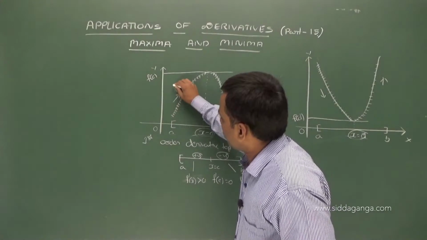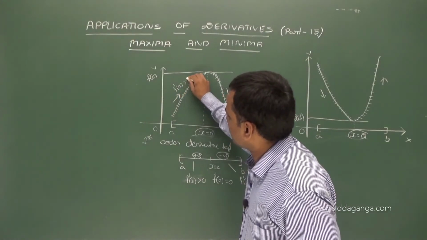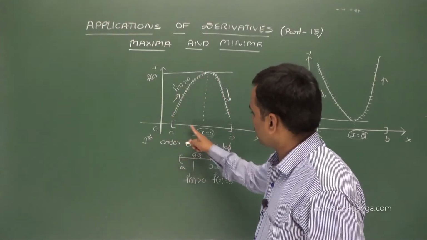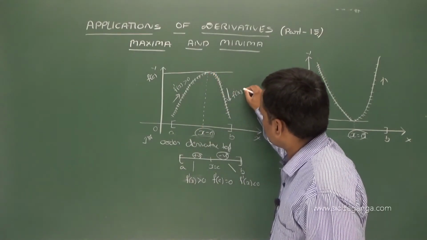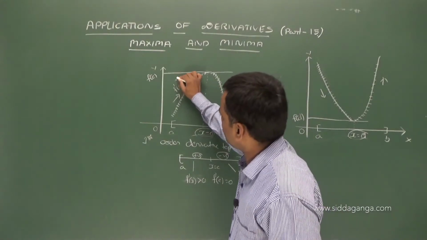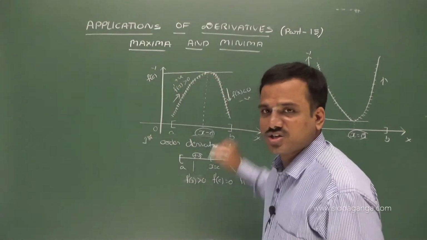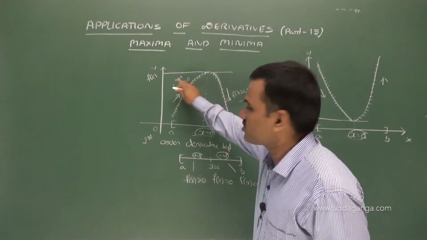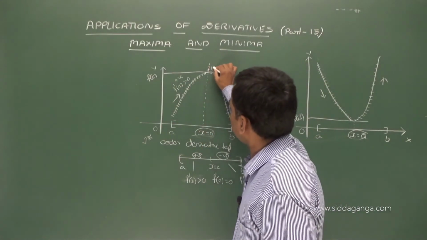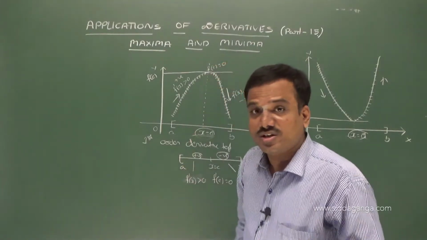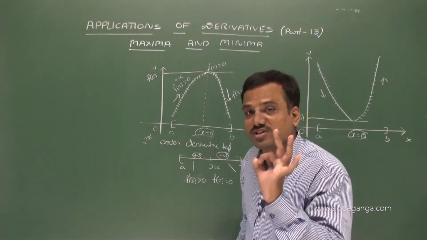Here f dash of x is greater than 0 from a to c. C to b, f dash of x is less than 0. Here it is positive and here it is negative. And at this point f dash of c is equal to what? 0.